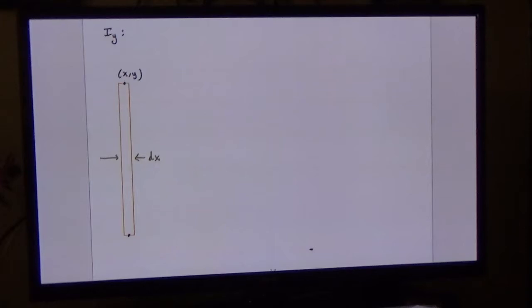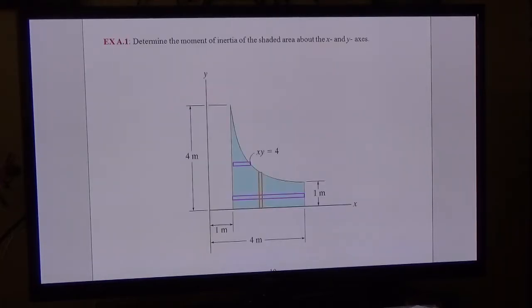So top coordinate x comma y, bottom coordinate x comma 0. dA is then top coordinate minus the bottom coordinate, y minus 0, times the width, dx. Here I notice that I'm going to be integrating with respect to x, so I put y in terms of x already. From the function, y is equal to 4 over x.